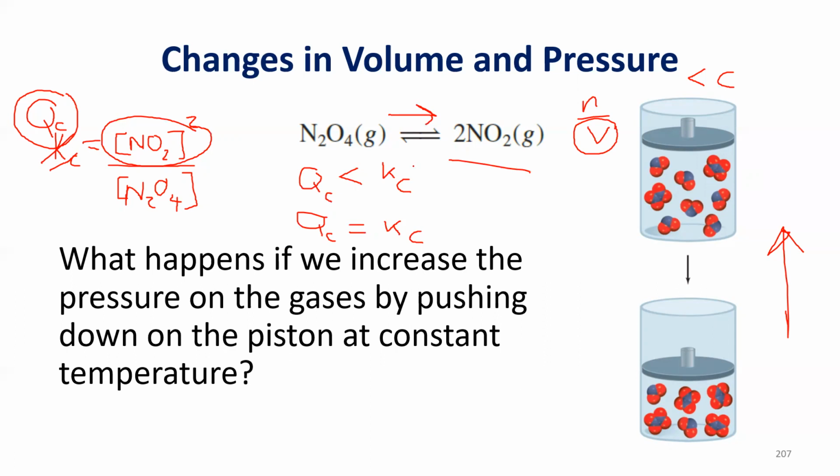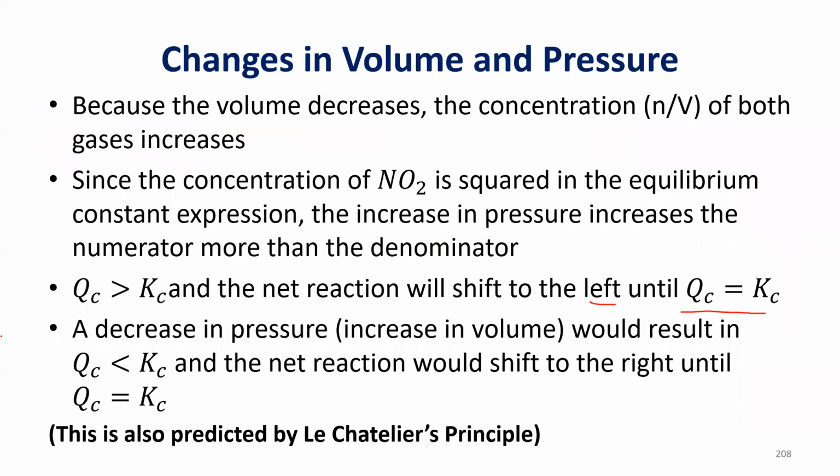It moves in that direction until an extent where this numerator is large enough and Qc would be equal to Kc. Okay, so we say here that a decrease in pressure, which is also an increase in volume, would result in Qc being less than Kc. And the net reaction would shift to the right until Qc equals Kc.